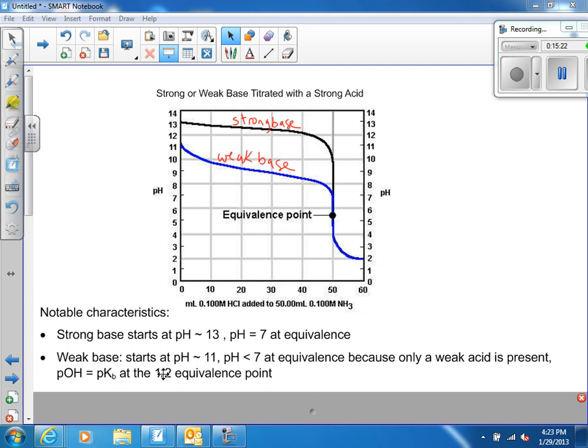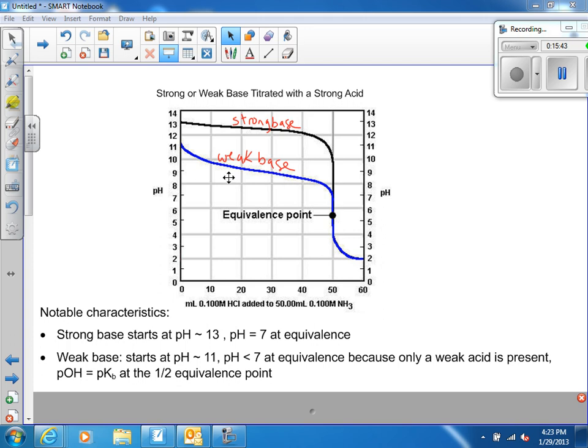Now, the pKa or pKb again. Let's look at that. So we look at our equivalence point, 50 milliliters. We go to our half equivalence point, 25 milliliters. You go up to here. You go over to this side, 9.